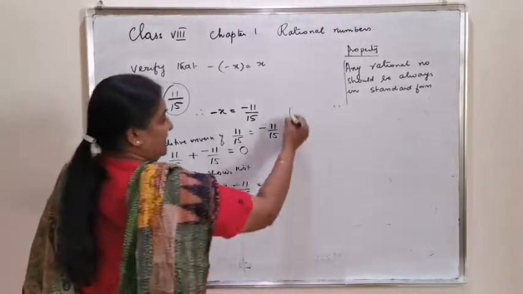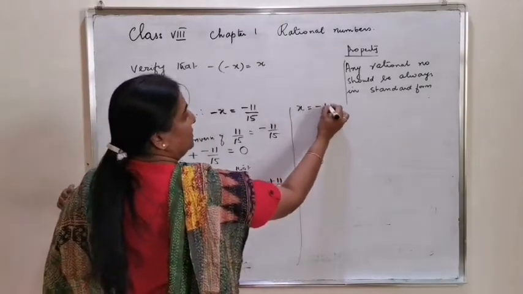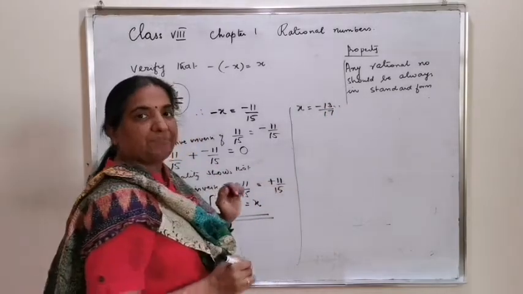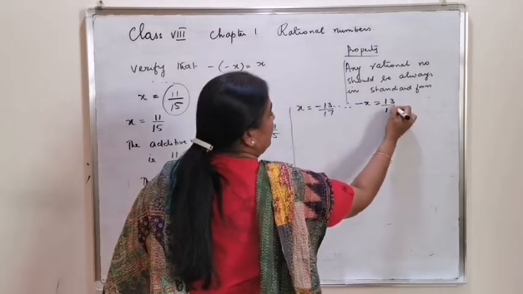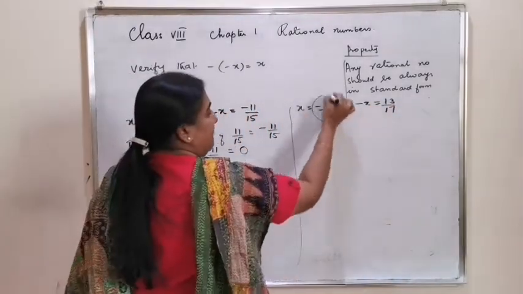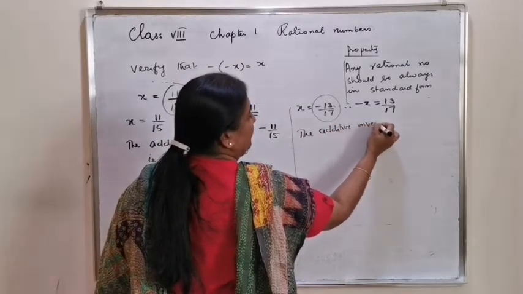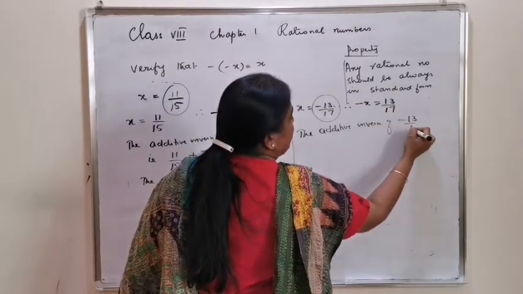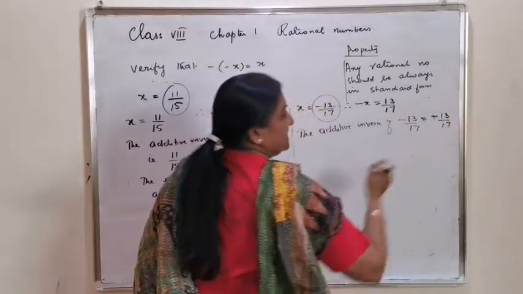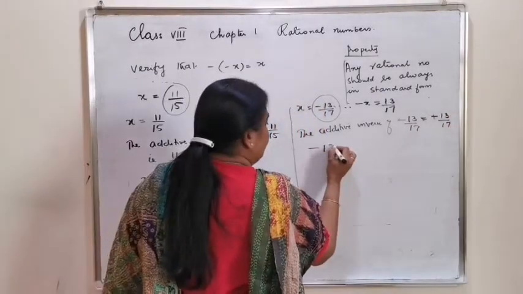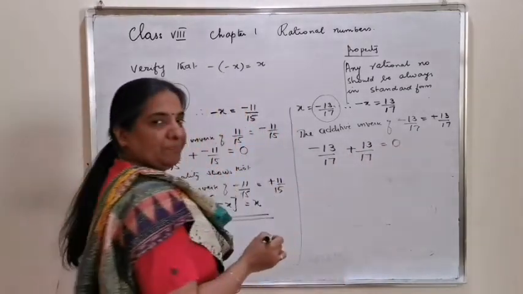The next question has a similar pattern: x is equal to minus 13 by 17. How do you proceed? Minus x is equal to positive 13 by 17. The additive inverse of minus 13 by 17, as in the question, is positive 13 by 17, which means that minus 13 by 17 plus 13 by 17 is equal to 0.